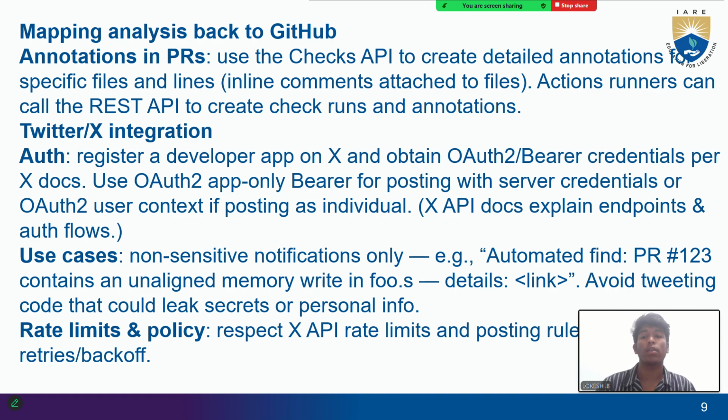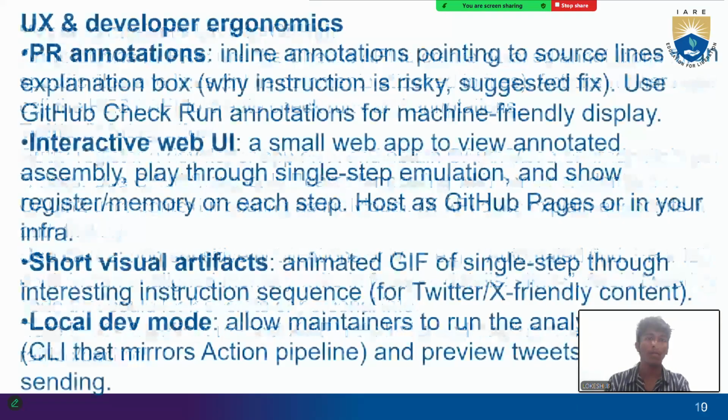Avoid tweeting code that leaks secrets or personal info, since some code has personal info in links, so we have to lock it down and not showcase personal secrets. On rate limits and policy: respect X API rate limits and posting rules; retries are backoff-based.